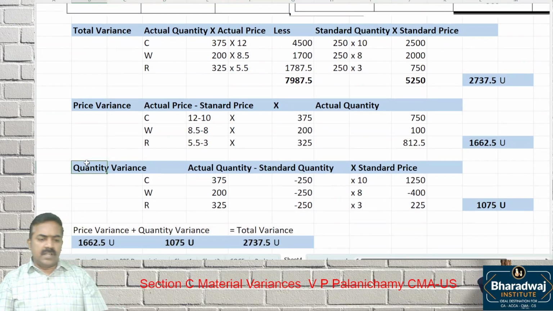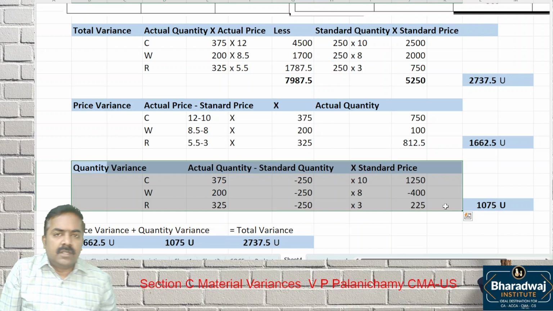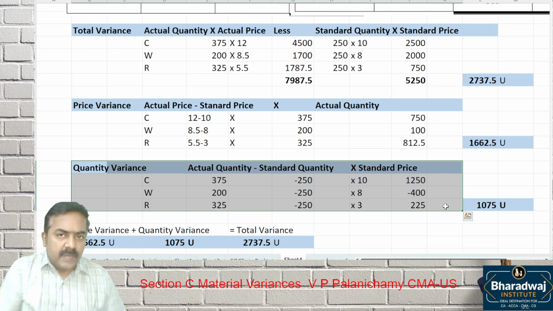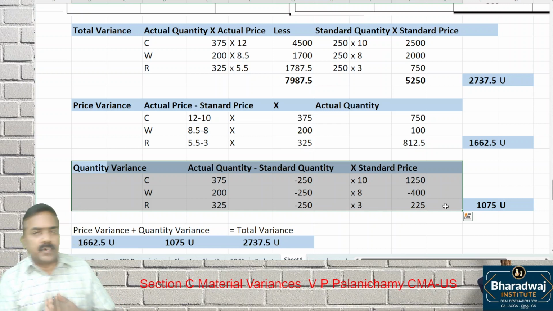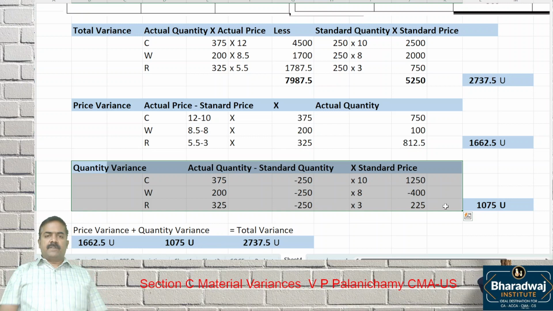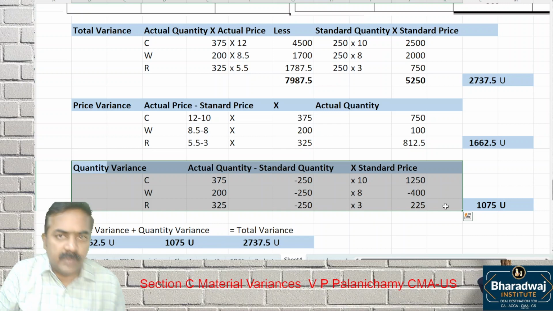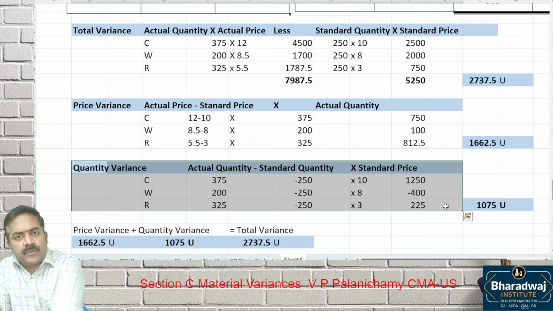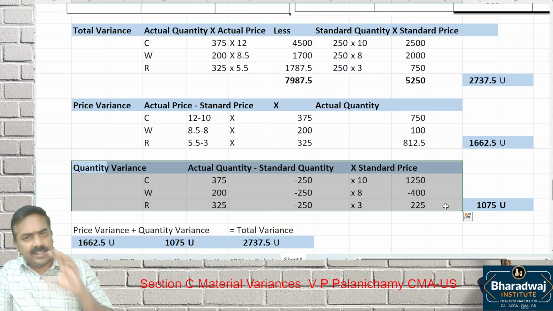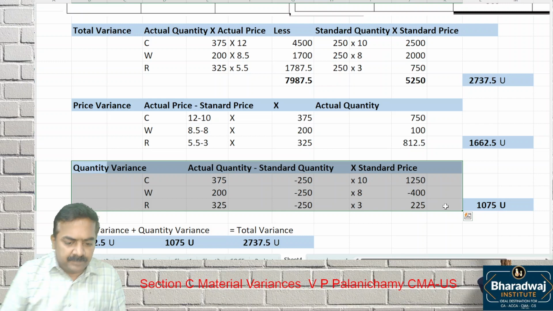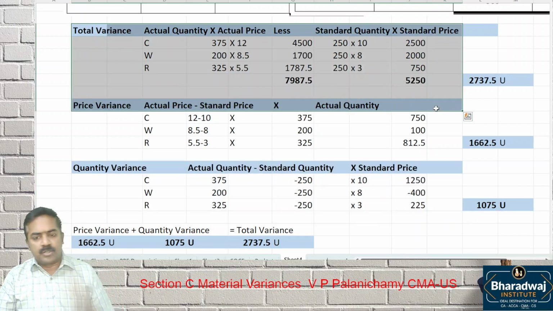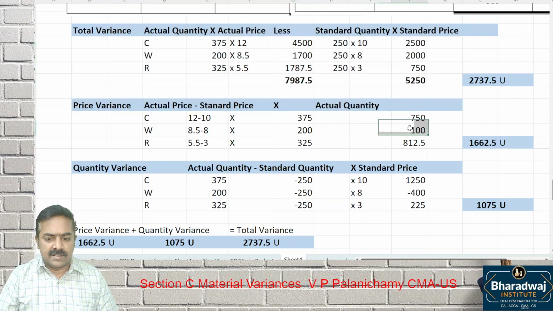Now this quantity variance should be bifurcated into which variance? Mix variance and yield variance. There, IMA goes for a different method of working out; we worked in a different way, a logical way. Now we'll apply a formula method for calculating that. That you will also understand logically. I hope so far you will not have a doubt. By the formula approach also, by logic also, you should understand the variances.